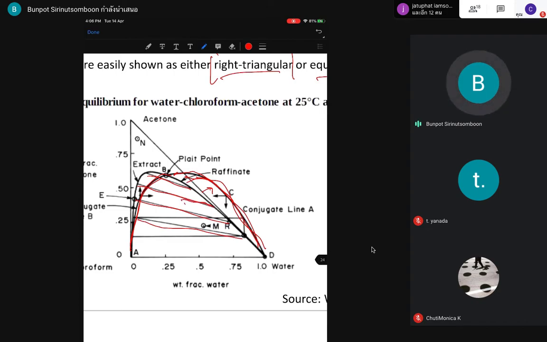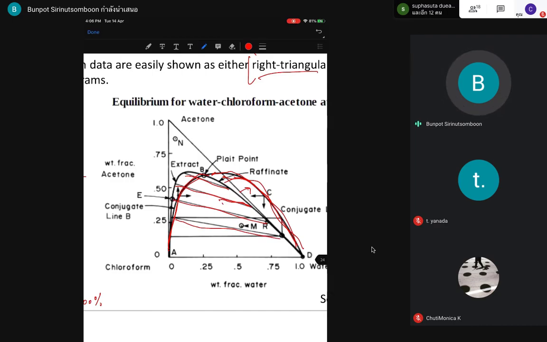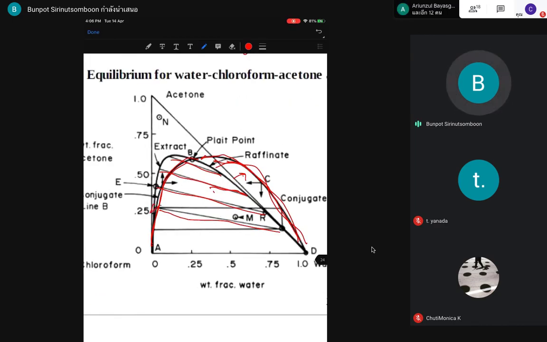Again, a tie line connects two sides, the side on the extract and the side on the raffinate, and both sides are in equilibrium with each other. You can draw the tie lines using the data from the equilibrium table, you can use tie lines to make the conjugate line, and the conjugate line can be used to form the tie lines.